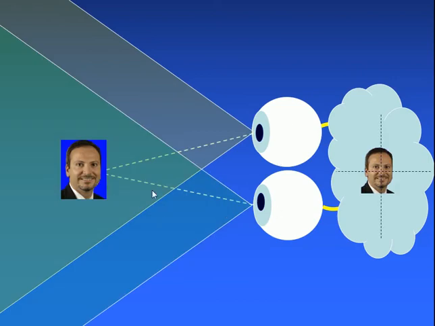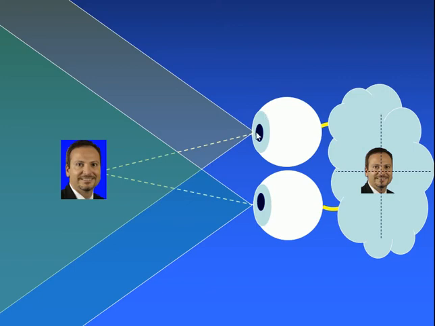The critical thing to note here is that there's an overlapping visual field from each eye. And the brain uses the clues, or tries to use the clues of what it's receiving from both eyes to fuse the images and align the eyes with each other. So the only way that the brain is able to keep the eyes pointing in the same direction is it needs to try to match the picture coming from each eye.